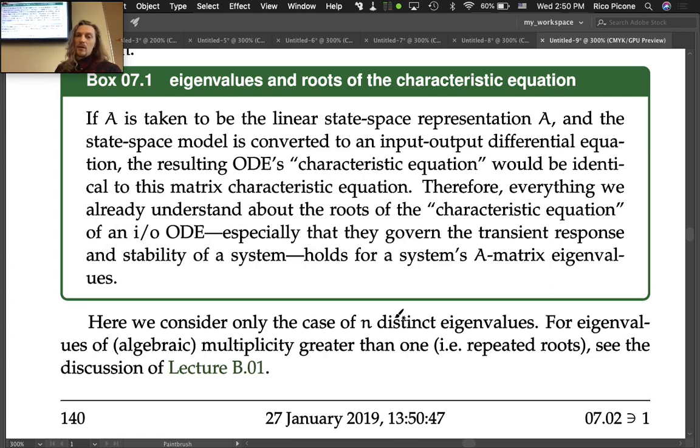Here we consider only the case of n distinct eigenvalues. For eigenvalues of algebraic multiplicity greater than 1, which we call repeated roots in the characteristic equation, if we want to explore that, there's an advanced topics appendix at the end of the text that has a little lecture on that.